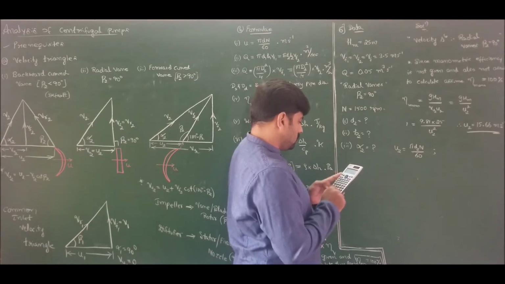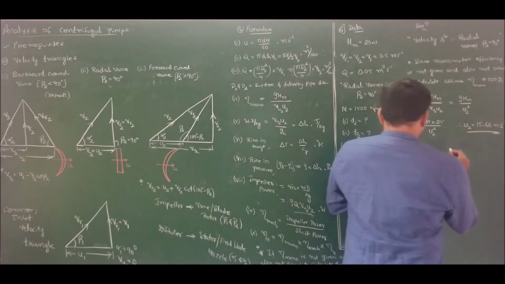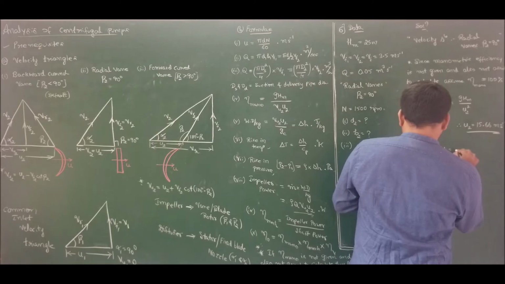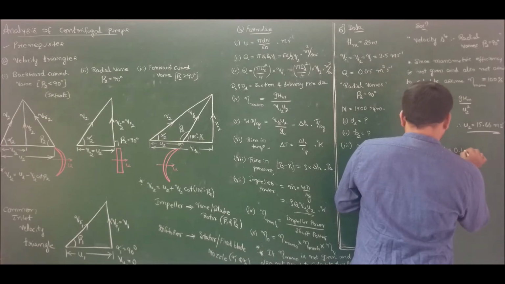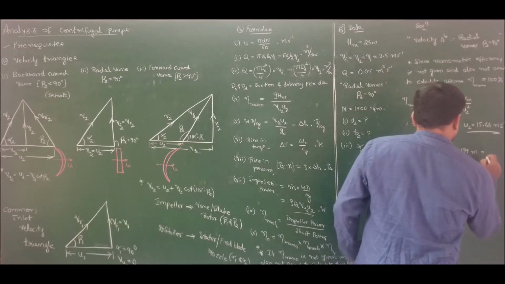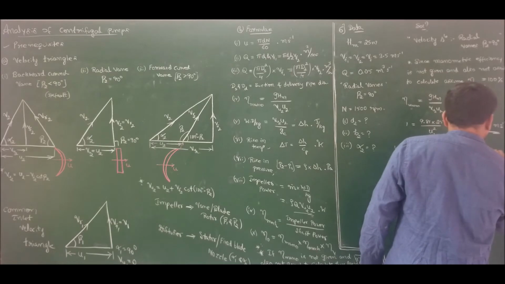If I solve, I will get the value of D2 as 0.199 meters. That is, D2 is nearly equal to 20 centimeters.